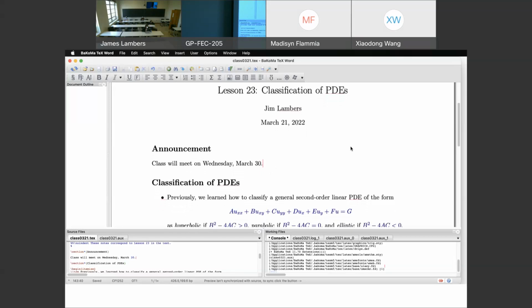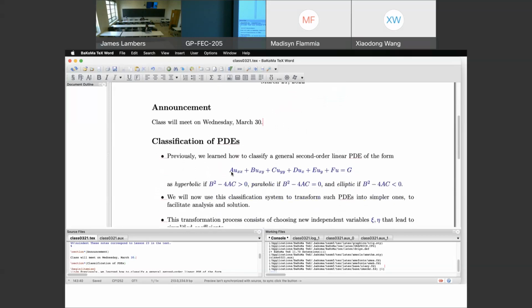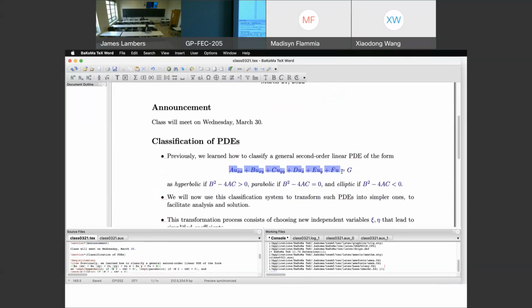Okay, so we're moving away from the wave equation a little bit, although today our focus will still be on hyperbolic PDEs, such as the wave equation. Now, you remember at the very beginning of the semester, I talked about a general second order linear PDE, such as this one, that we had a way of classifying.